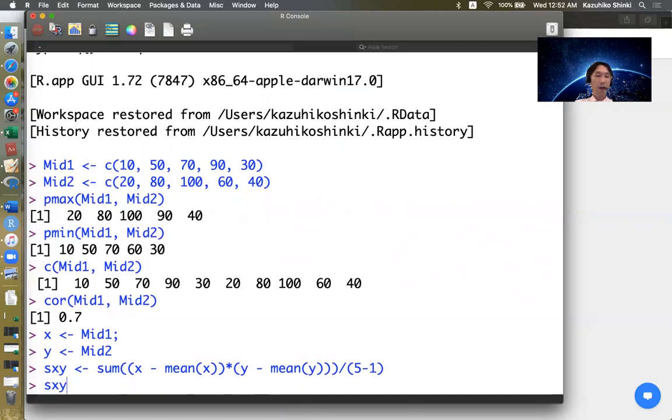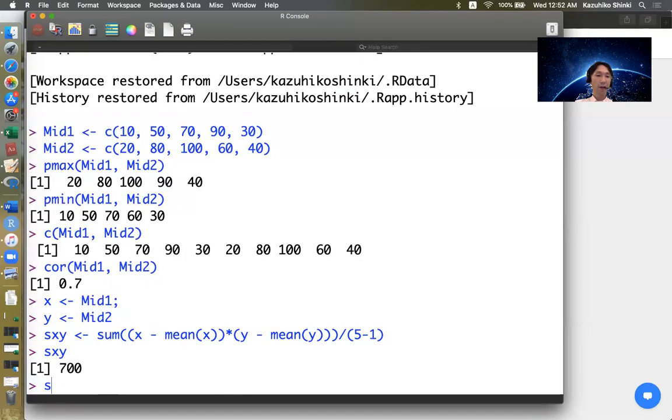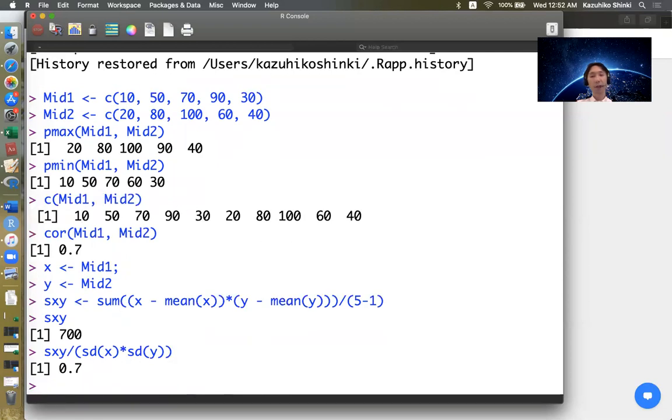Then SXY is 700. SXY divided by the standard deviation of x times the standard deviation of y, we get 0.7. So we can use either the correlation function, or we can make everything from scratch.